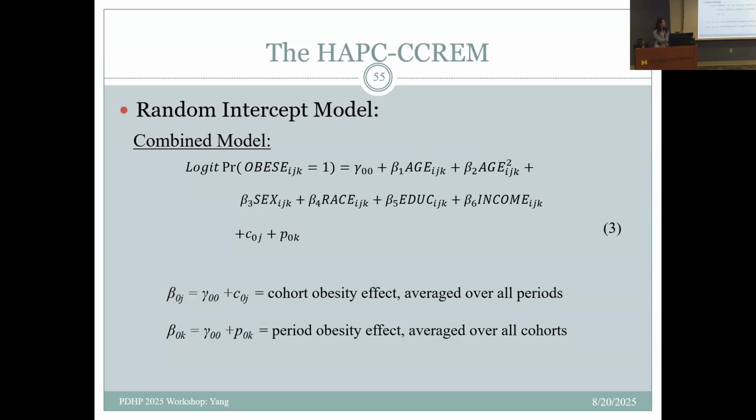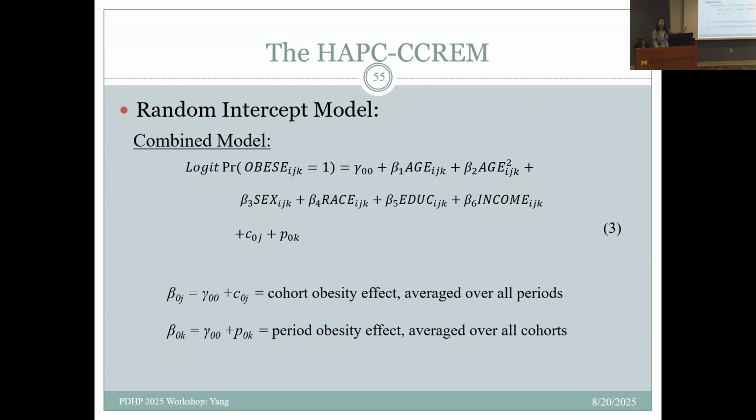I also provided the interpretation: if you combine the mean gamma 0 with the cohort random effect C0J, you get beta 0J, the cohort obesity effect averaged over all periods. Similarly, if you put the intercept and period random effect P0K together, you get beta 0K, which indicates the period obesity effect averaged over all cohorts.